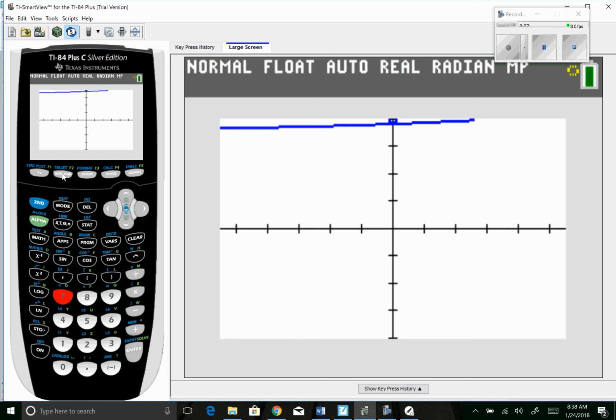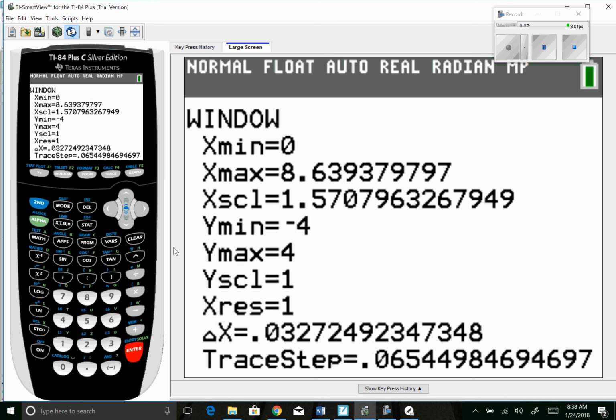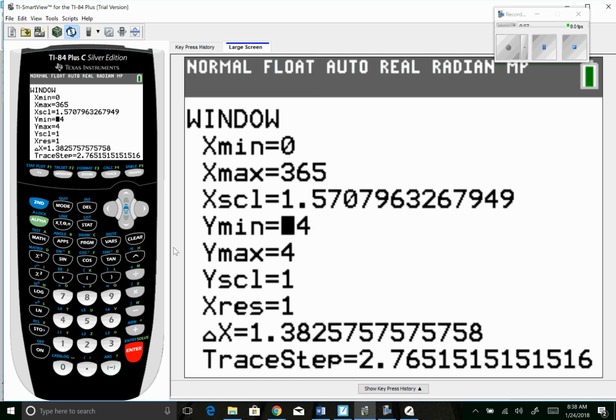So then I can change my window. The x values represented the days of the year. So I'll start with 0 because I can't have negative days of a year. And I'll go up to 365. And the y values represented the number of hours of daylight.